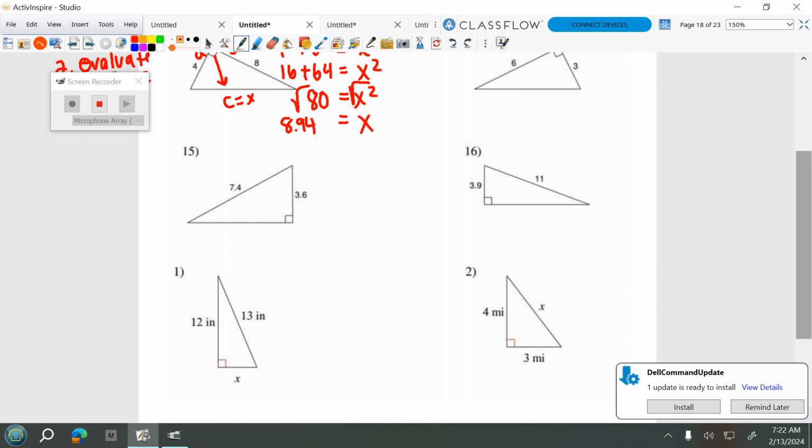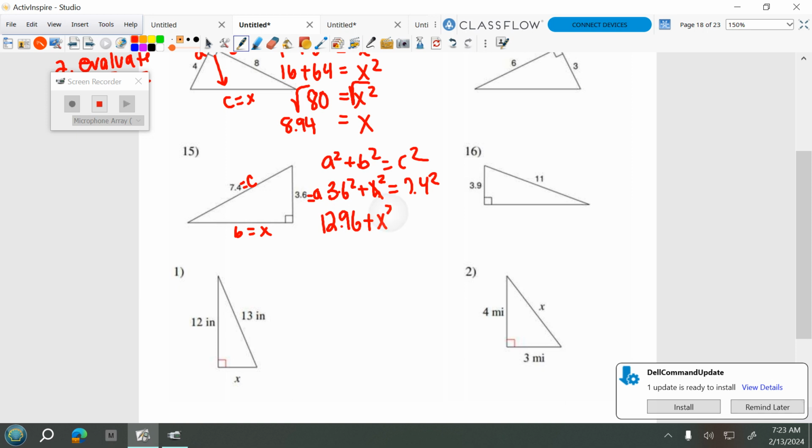And this first one, we're doing the same thing. So label c, a, b, which is my x. A squared plus b squared equals c squared. 3.6 squared plus x squared equals 7.4 squared. 3.6 squared is 12.96 plus x squared.